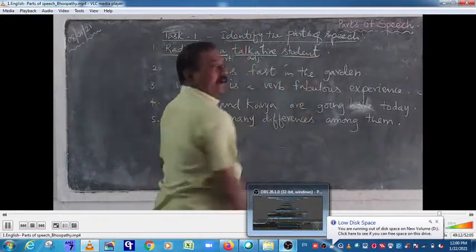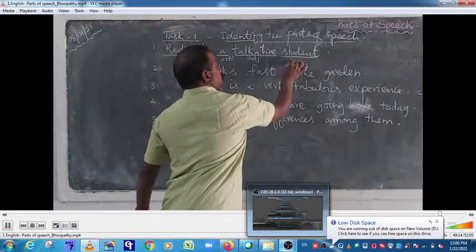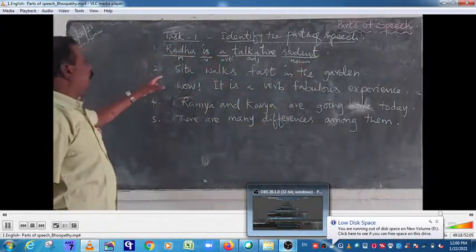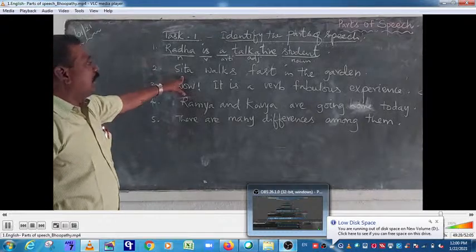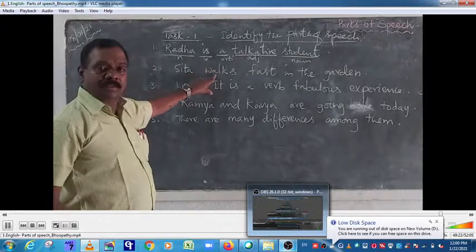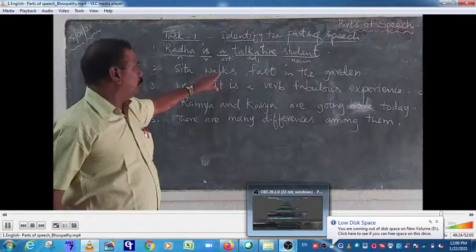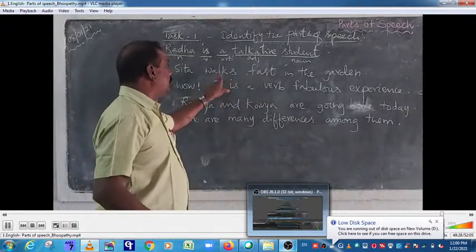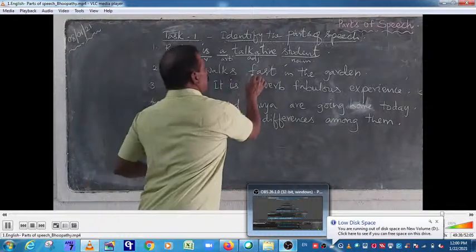Next, student, it is a name, noun. So, in this way, when we see each and every word: Sita, noun. Walks, it is an action, verb. Fast, it modifies the verb, so this is an adverb.